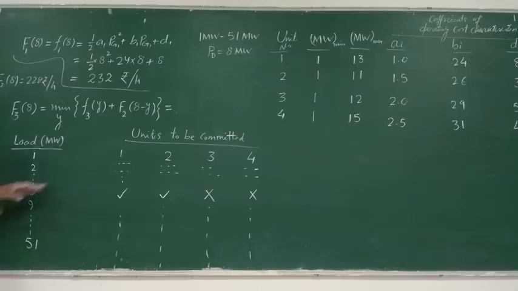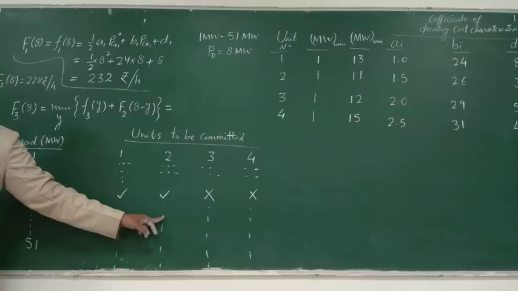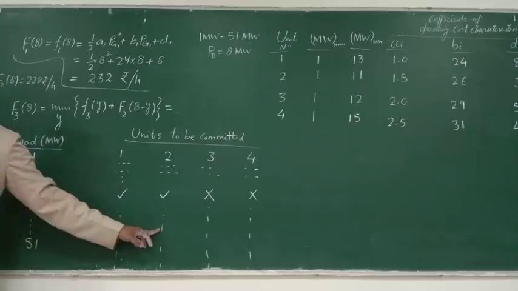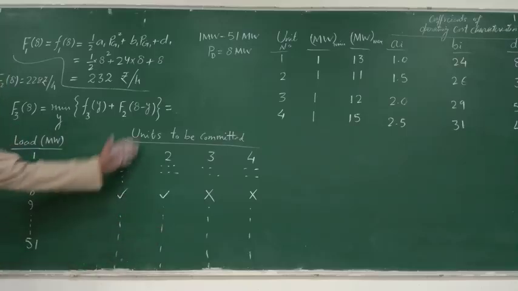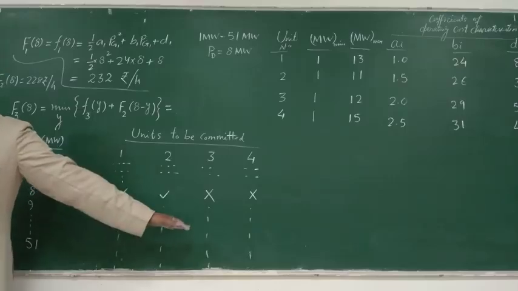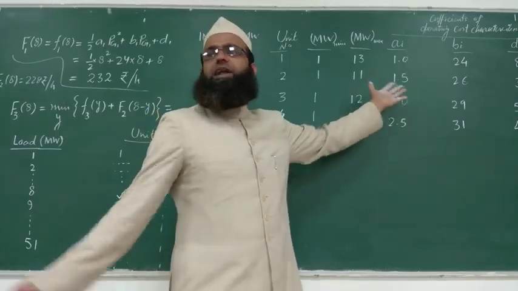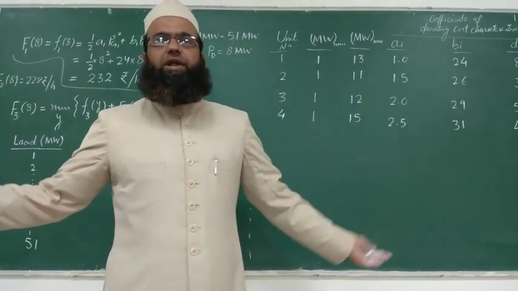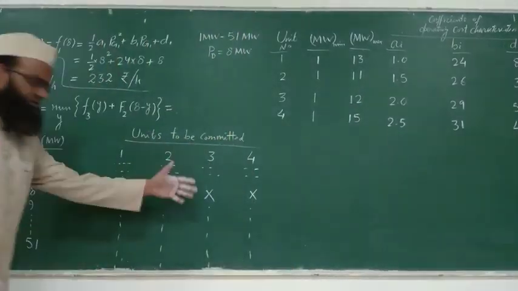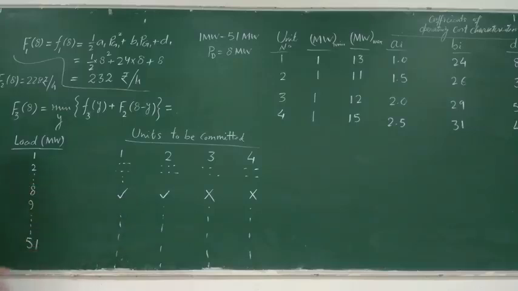Maybe for 8 you are getting 1 and 2, maybe for 9 also you will get 1 and 2, for 10 you will get 1 and 2. Somewhere you will get one load where some other unit will come into the picture. Not necessarily 3 or 4. This data will be random because you have numbered your units randomly. So any number of units may be in the picture for a particular demand, right?